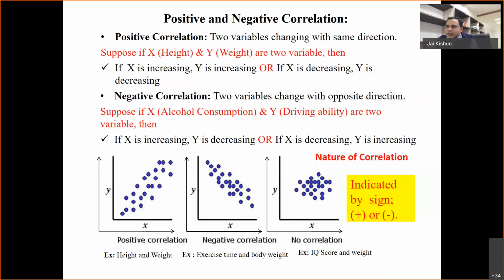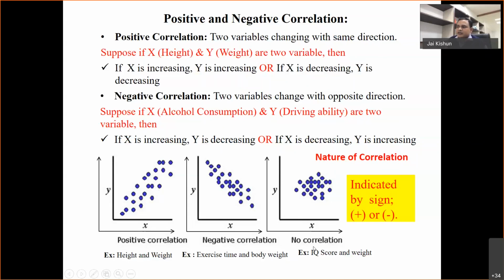The same thing we have given here in the graph, positive correlation and negative correlation. You can see that here y is increasing and x is also increasing. Here this is negative: x is increasing but y is decreasing. And here it is neither increasing nor decreasing, it is showing a very scattered pattern.